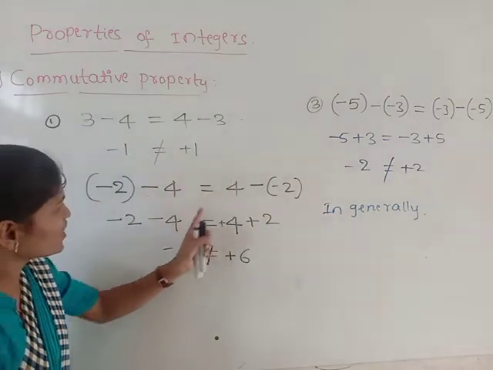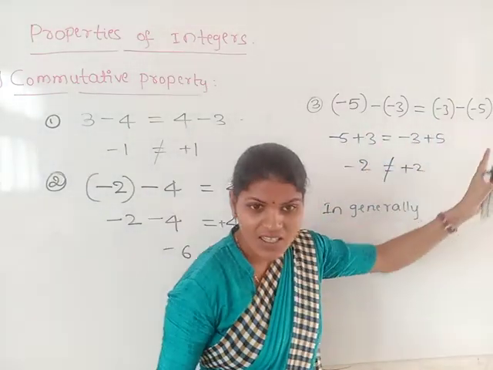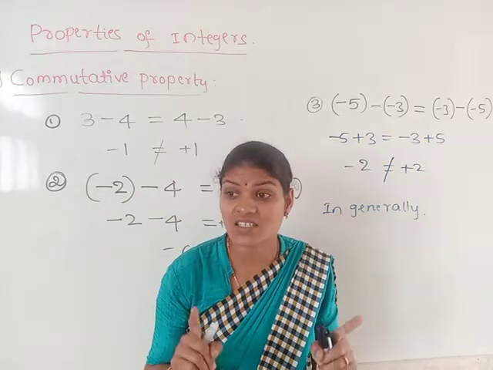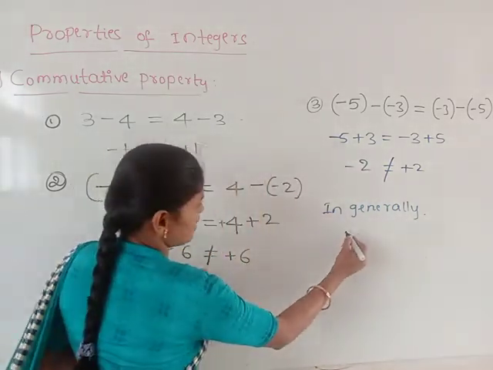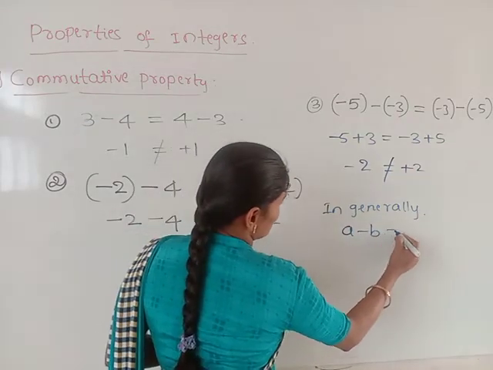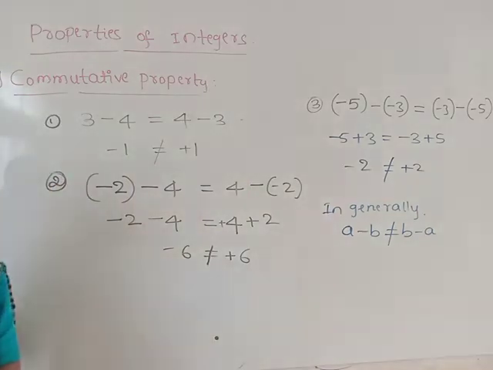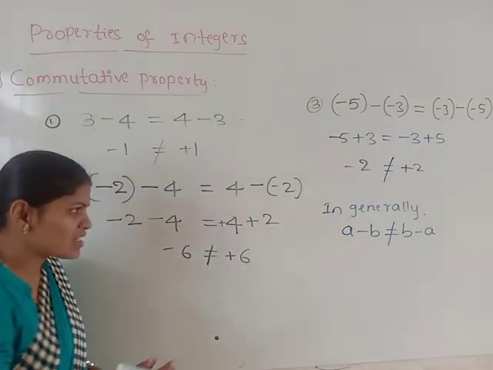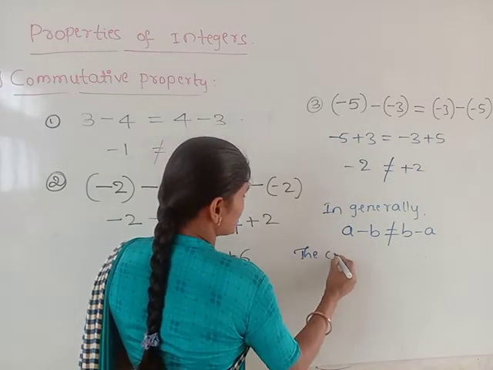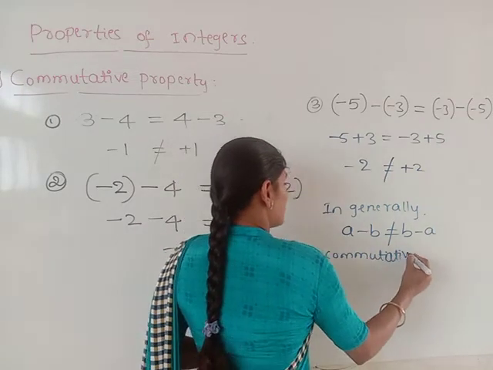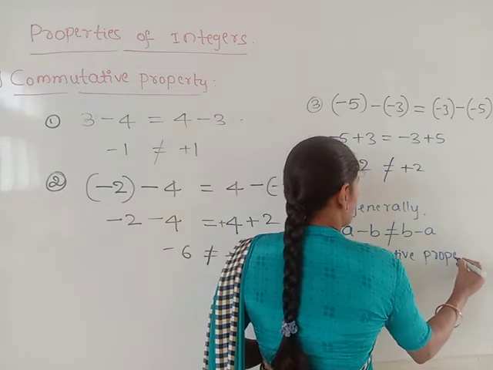Everywhere I have taken subtraction here. In general, a minus b is not equal to b minus a, which means the commutative property does not exist under subtraction.